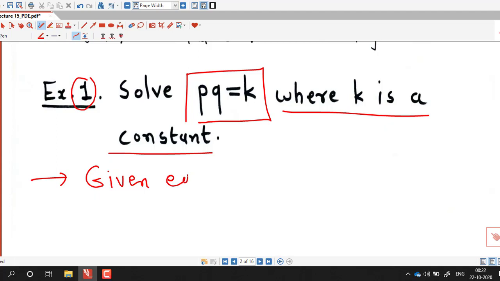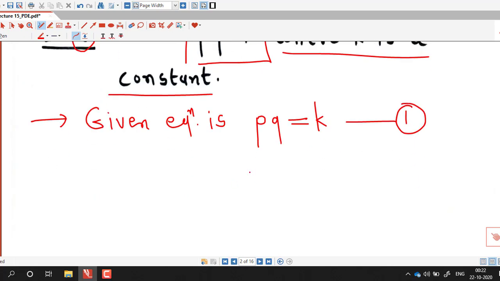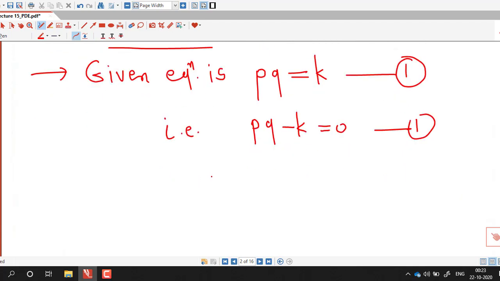This equation is in standard form 1, so we write the given equation as p into q equal to k. Because standard form 1 is f(p, q) = 0, we can rewrite 1 in this form also, both are the same thing.